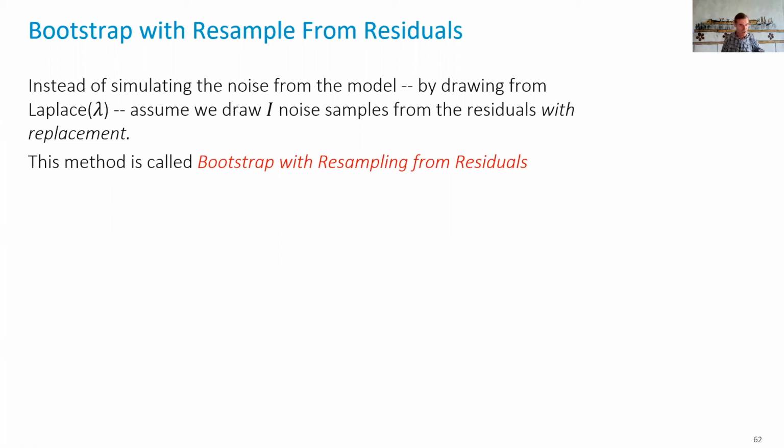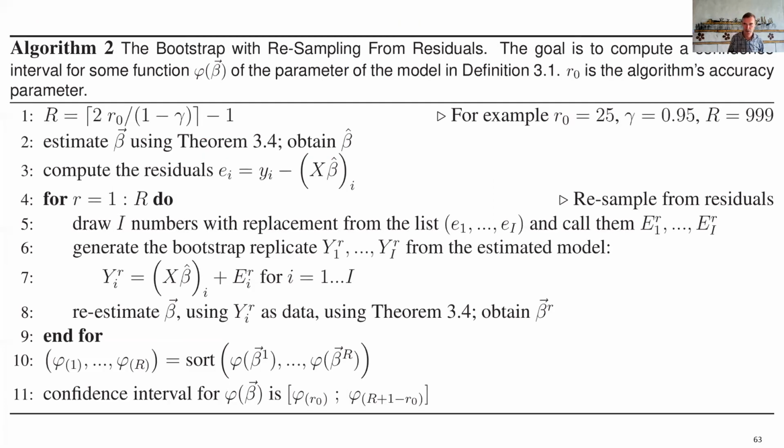So if I want to simulate the model again and again, one method consists in saying, well, I will put those capital I residuals into a box and I will draw them from this box with replacement, and that gives the following algorithm.